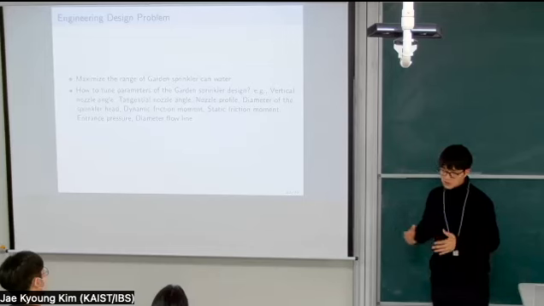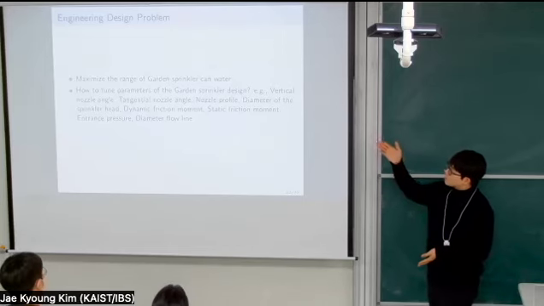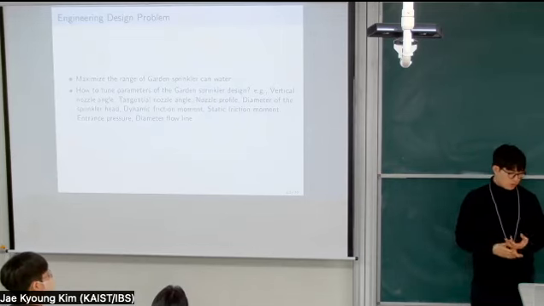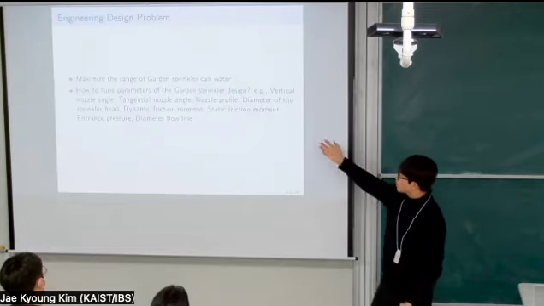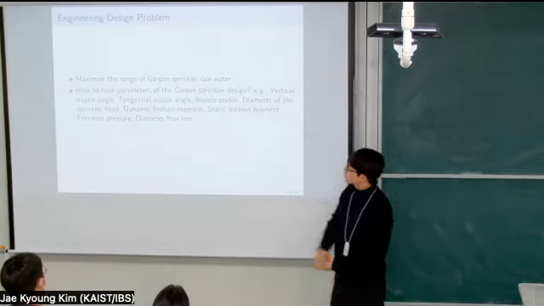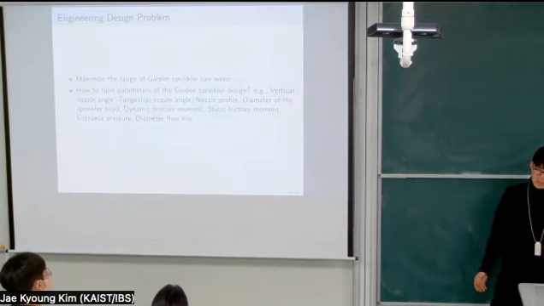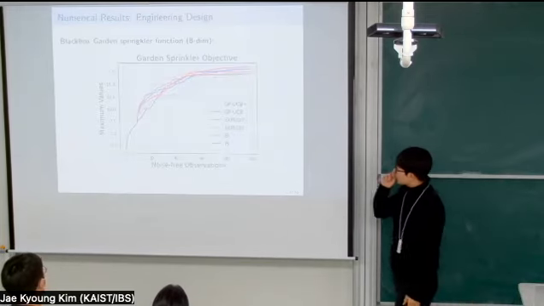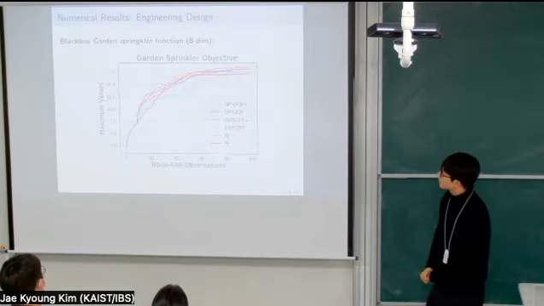These are often requested by industrial engineers, and they have some kind of computer simulation software whose mathematical expression is not known, but you can provide inputs of these parameters, and then it's going to spit out how far the garden sprinkler can water. And here's another demonstration of the performance of these types of algorithms.